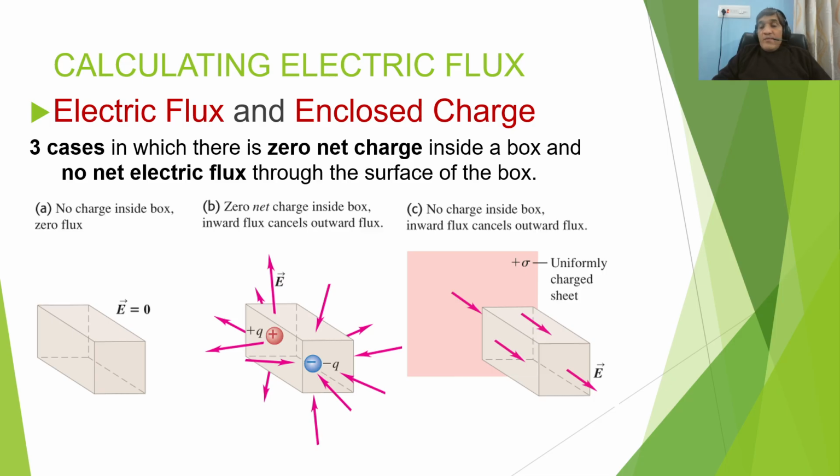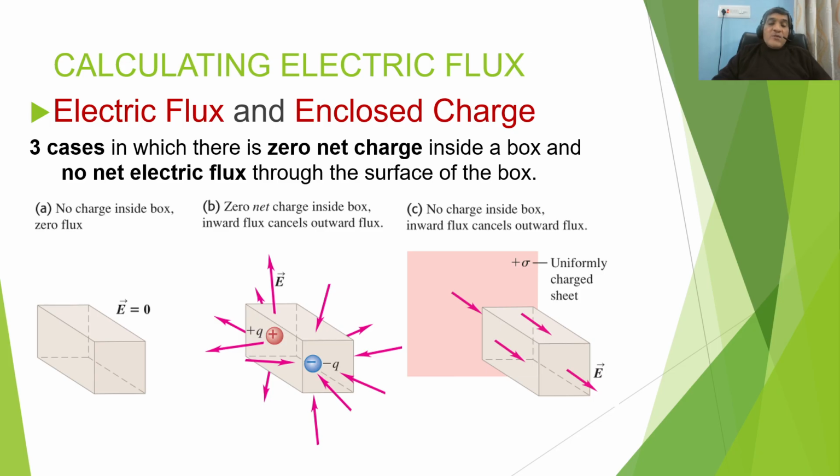In case 3, we have a uniform charge sheet placed outside the closed surface, and the electric field generated by it enters the surface from one side and leaves from the other side.